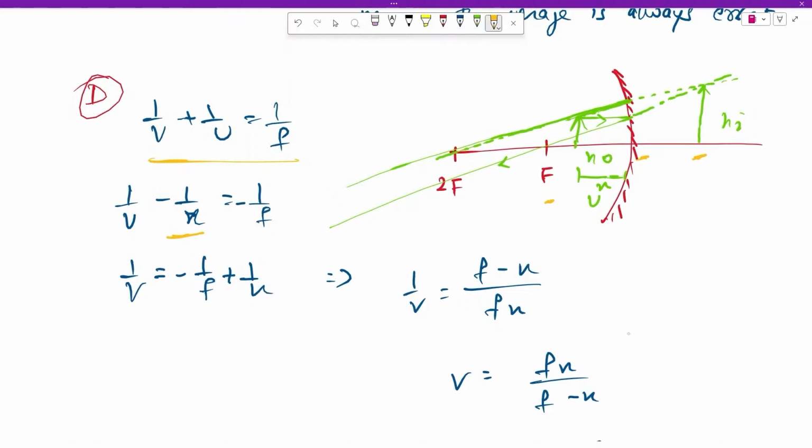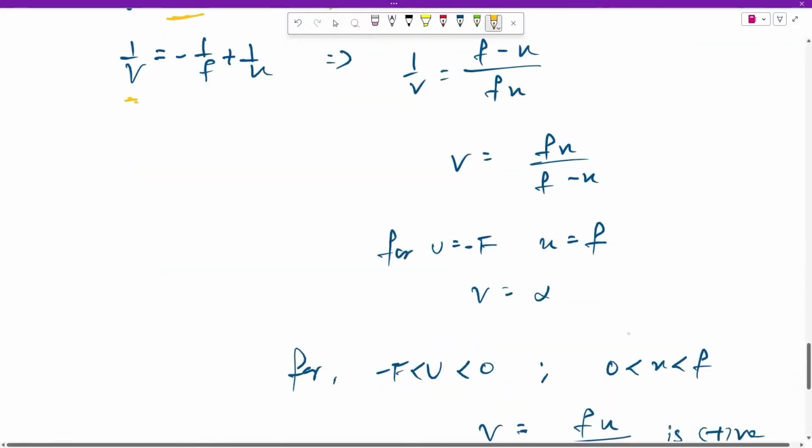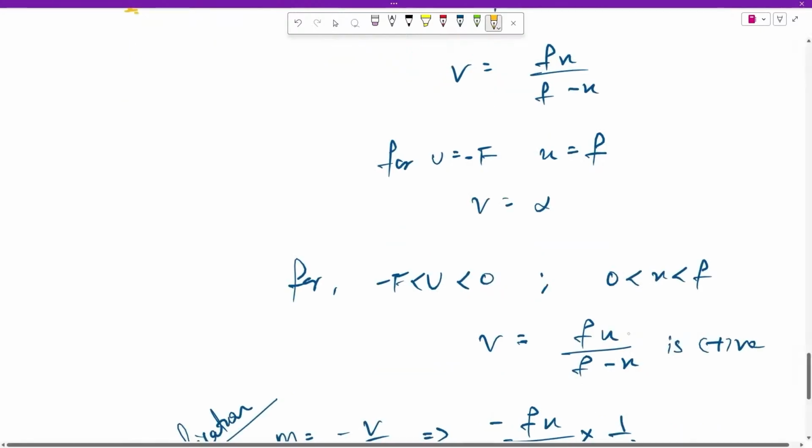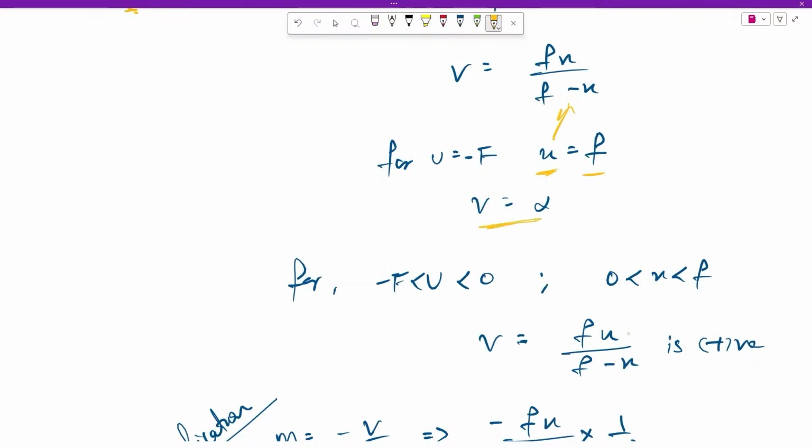So 1 by v minus 1 by x equals minus 1 by f, because it is a concave mirror. Now again, solving for v, we will get the value of v as fx by f minus x. So now for u equals minus f, that is, x equals f, using this value of x in this expression, we will get the value of v as infinity.